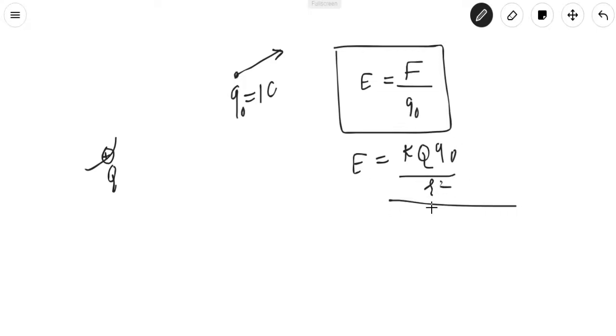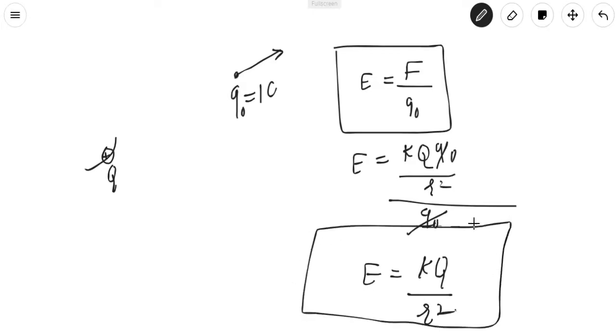In the denominator it is Q naught, so Q naught gets cancelled. So electric field is simply KQ by r square. So this is the equation for electric field, and because of this, electric field is called force per unit charge.